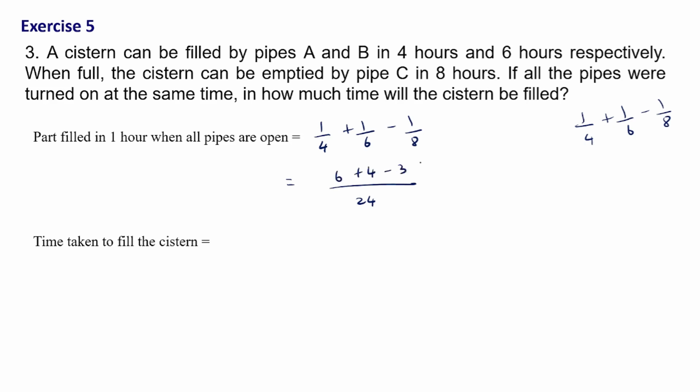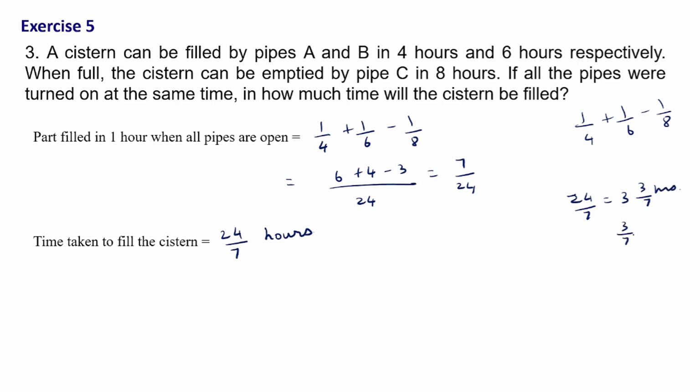6 plus 4 minus 3. This is 7 by 24. So time taken to fill the cistern will be 24 by 7 hours, that is the reciprocal of this. This 24 by 7 is nothing but 3 and 3 by 7 hours.